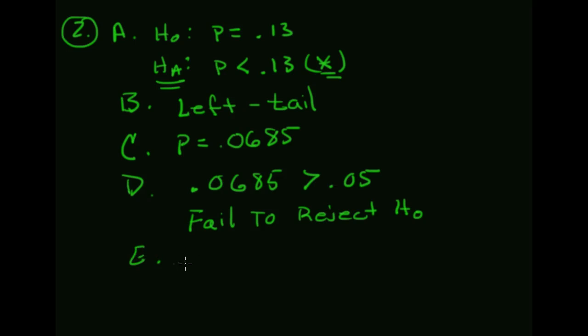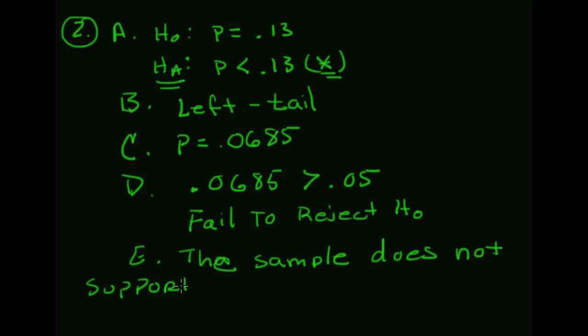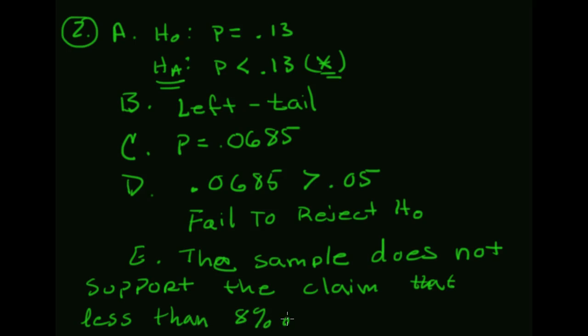So if I fail to reject the null, the sample in this problem does not support the claim that less than 13% of M&Ms are brown.